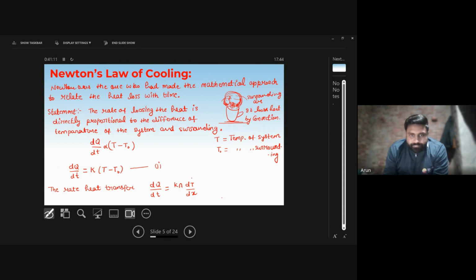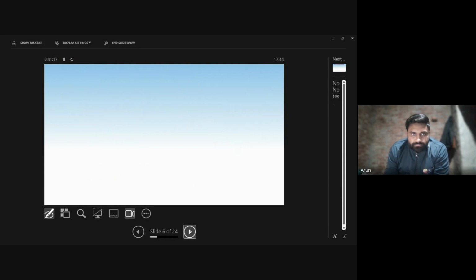Now, if I equate these two equations: the first equation is dQ/dt equals k times (T minus T naught), and the second is dQ/dt equals kA dT/dx.